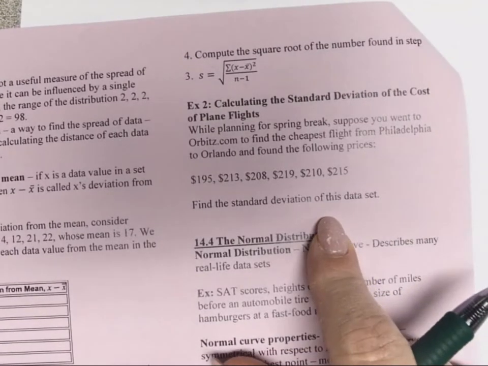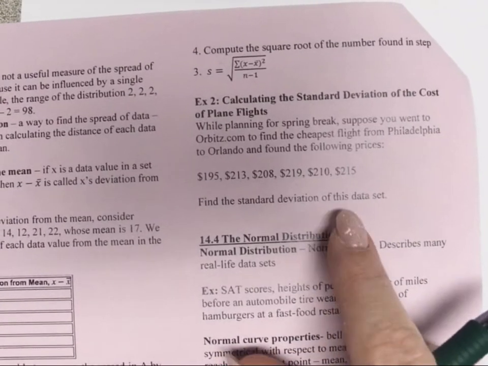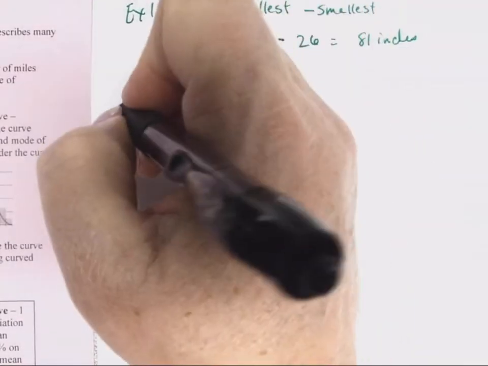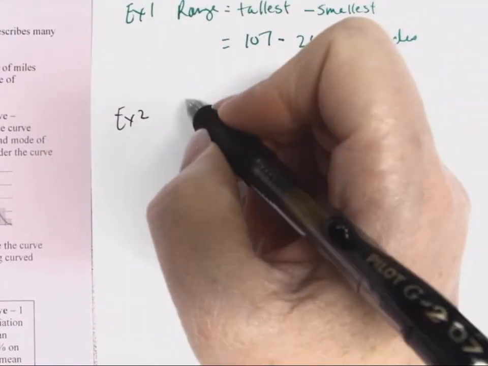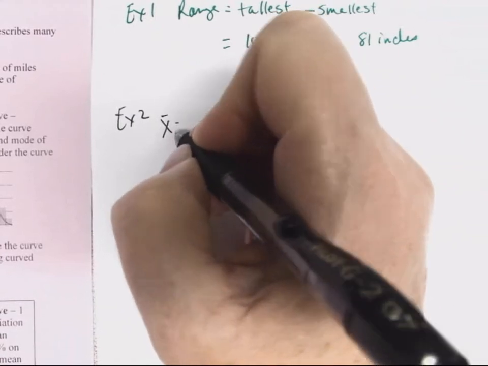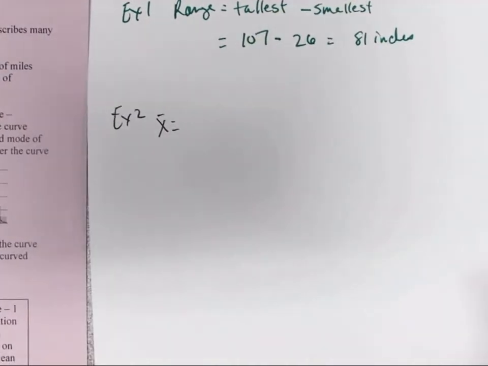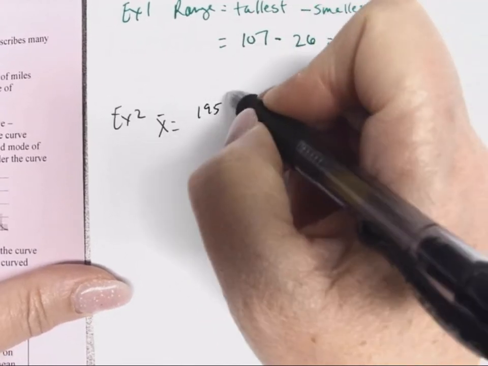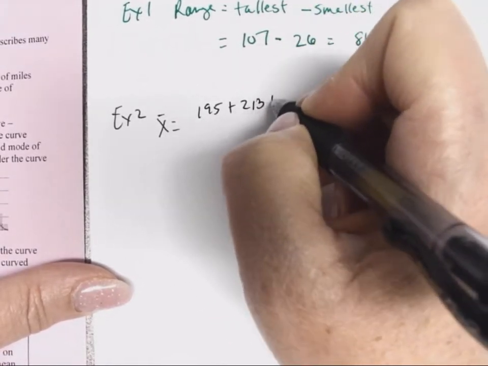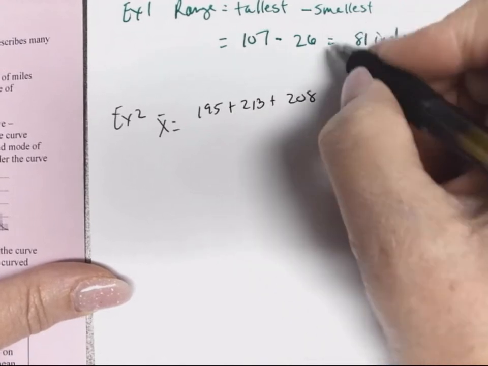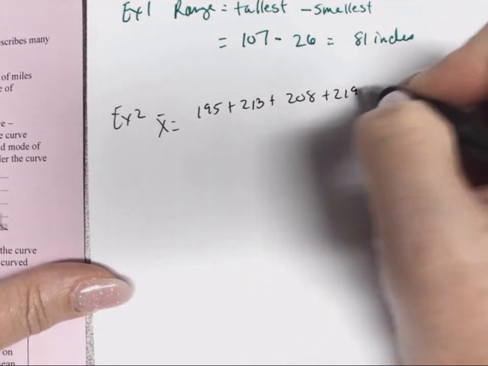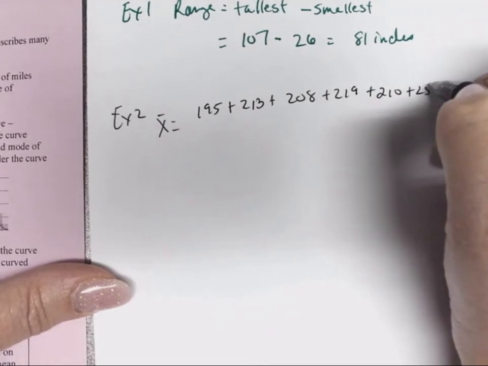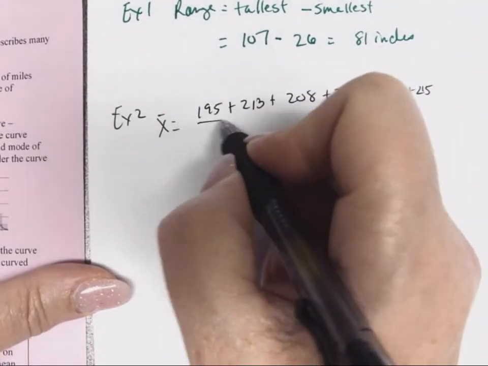First of all, we're going to have to find our mean. This will be example 2. So the first thing we need to know is our x bar. That's our mean, and we're going to add up all our data set values. So we have 195 plus 213 plus 208 plus 219 plus 210 plus 215.